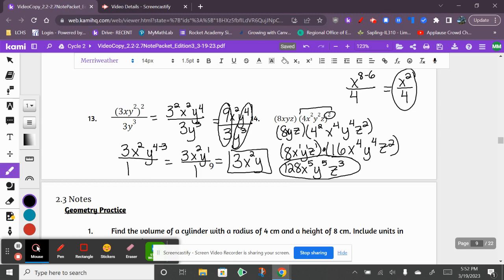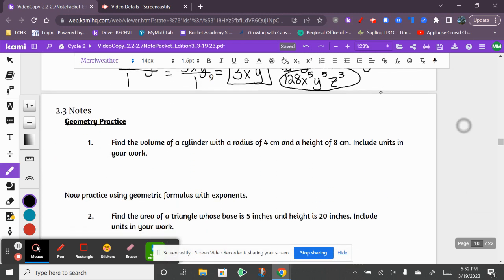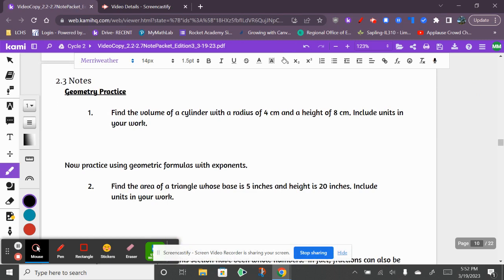Okay, for the next problem it says, find the volume of a cylinder with a radius of 4 centimeters and a height of 8 centimeters. Include units in your work. So I'm actually not going to be too particular about this. It tells us that we're going to be finding the volume of the cylinder.